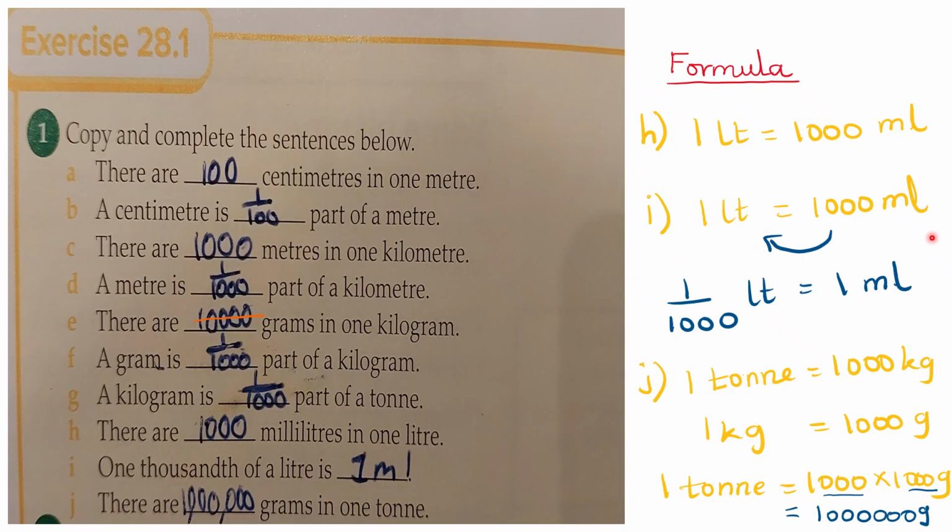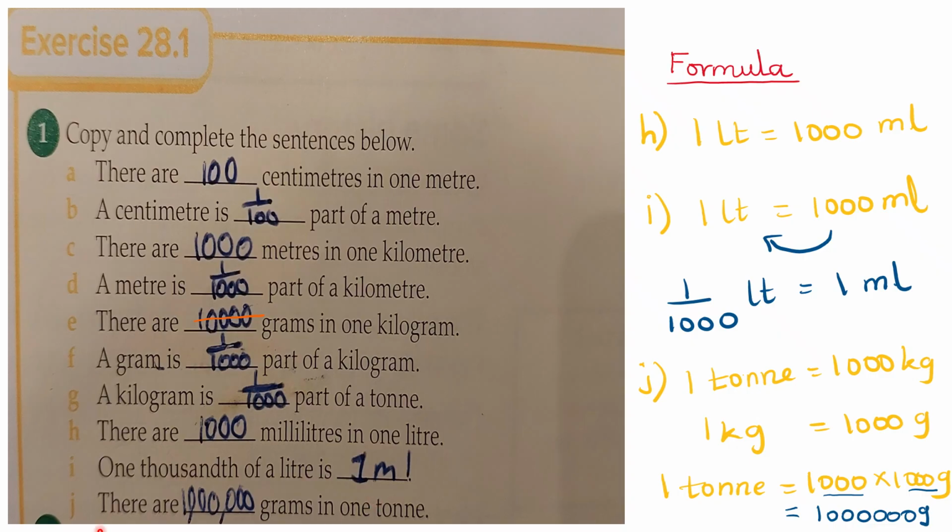That is 1000 milliliters. So from this we are finding 1 milliliter. So 1 by 1000 liter equals 1 milliliter. How did we get 1 by 1000? We are taking this 1000 to the other side. So 1000th of a liter is 1 milliliter.